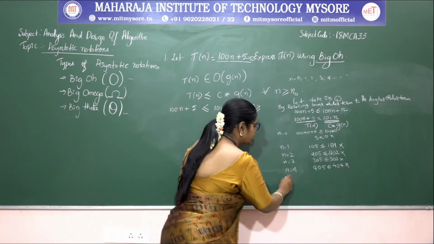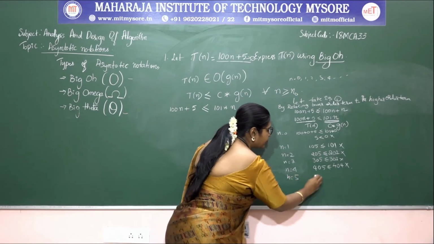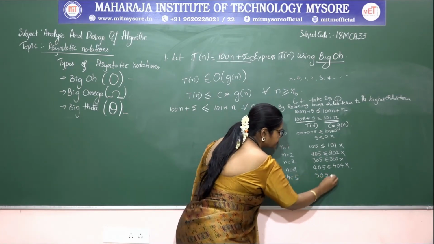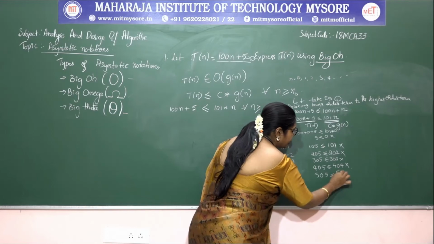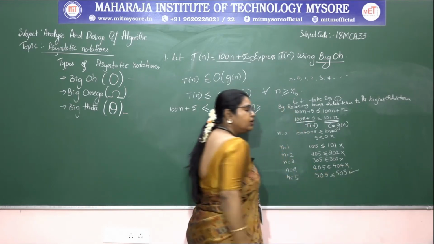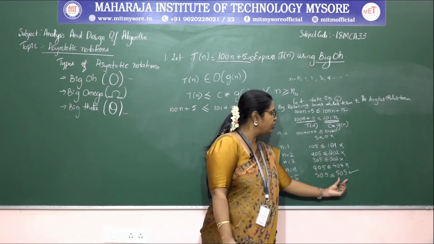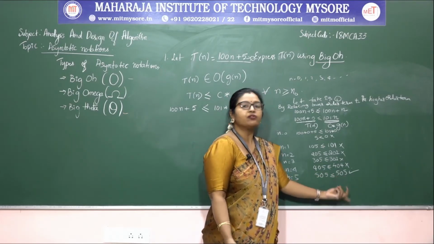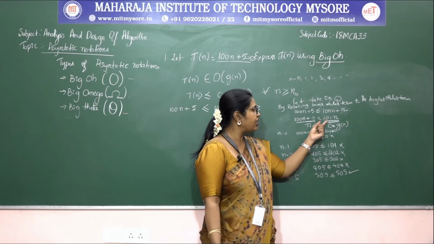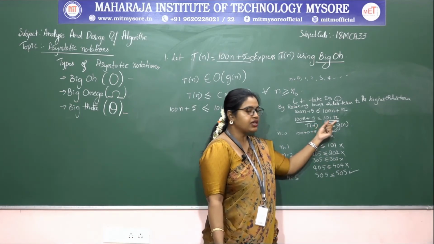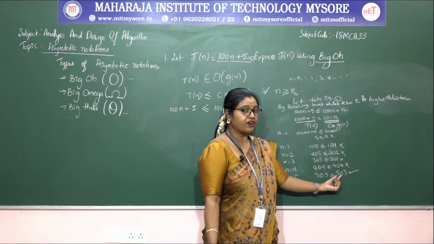When n is equal to 5, what happens? 505 less than or equal to 505. Yes, now the condition holds good, since 505, that is t of n, is equal to C into g of n, that is 505 itself. If you give the value for n in 101 into n, you obtain 505.